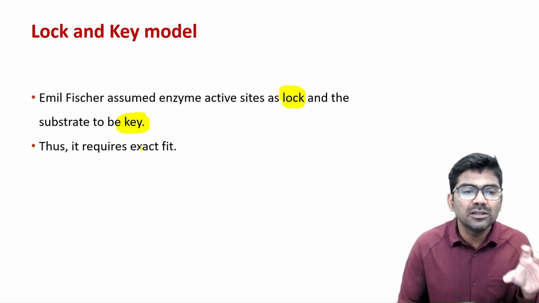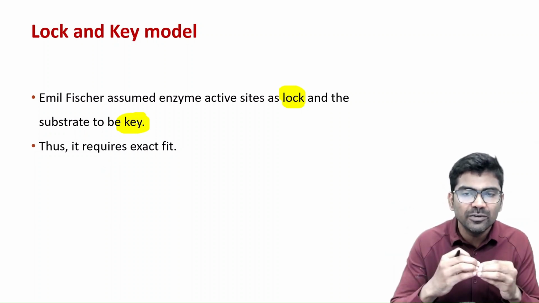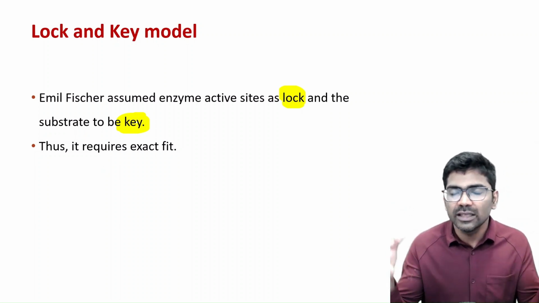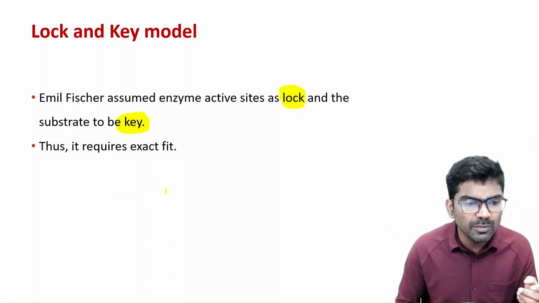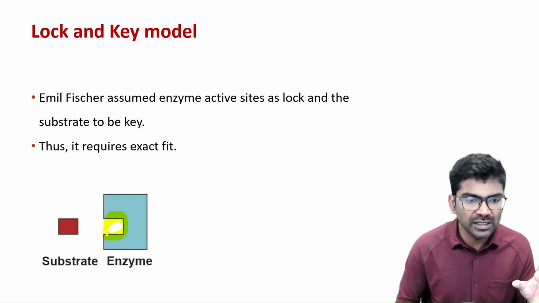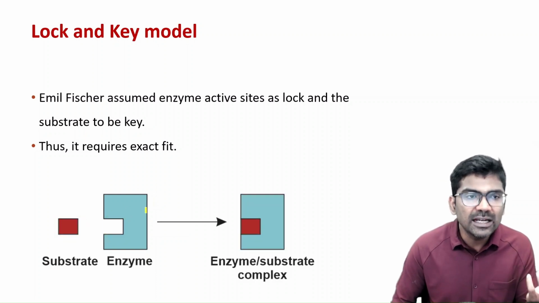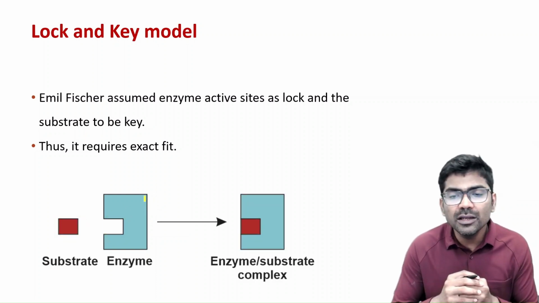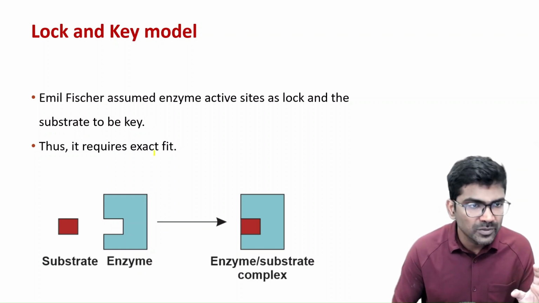So according to his theory, there needs to be an exact fit between lock and the key. That is exact fit between the substrate and enzyme. Look at the image. See this. This is a rigid portion, active site, and this is the key. So that's what he assumed. But the lock and key model has been proven to be wrong.